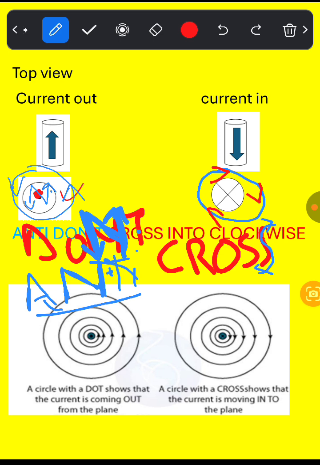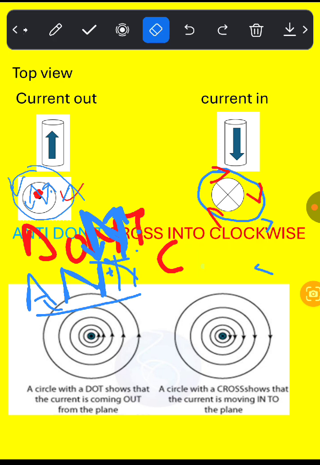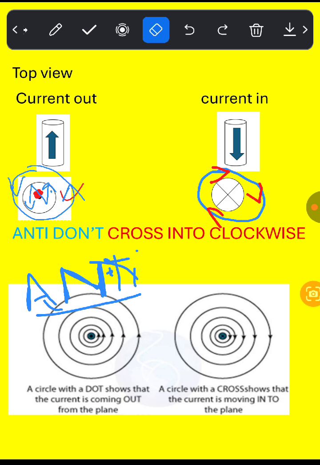And this direction is called what? Clockwise direction. It's called the clockwise direction. So check, I wrote this phrase: anti, don't cross into clockwise.